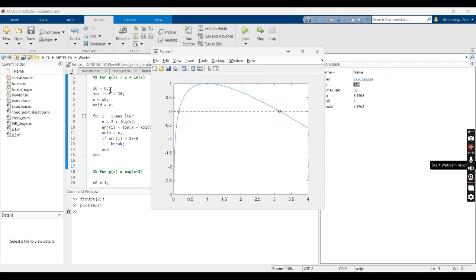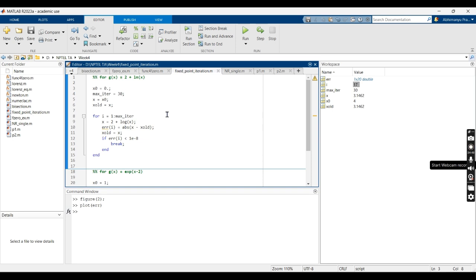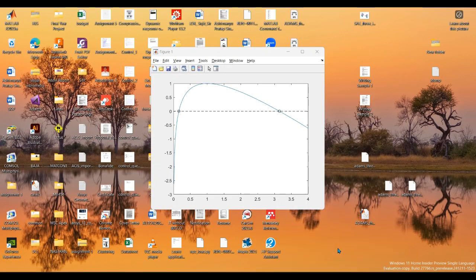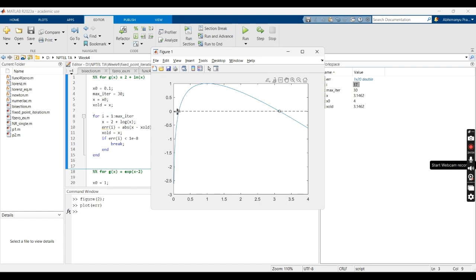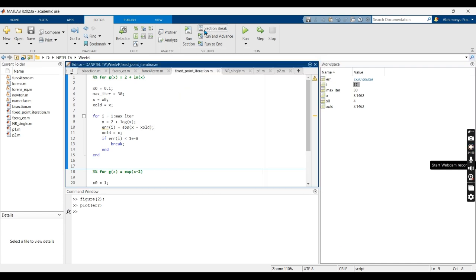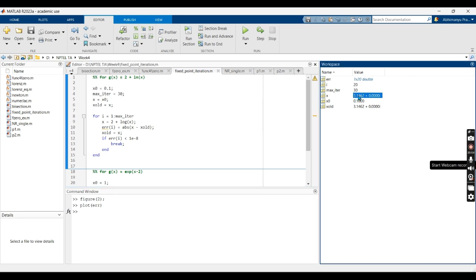So even if I take something like 0.1, a value to the left side of this root, and I run these iterations again, still it has converged to 3.1462, but we have an imaginary part over here, right?